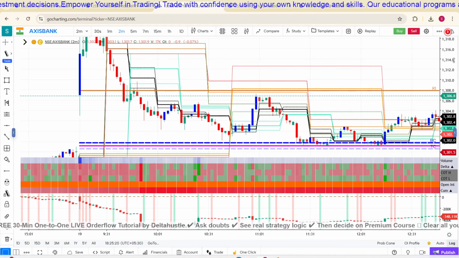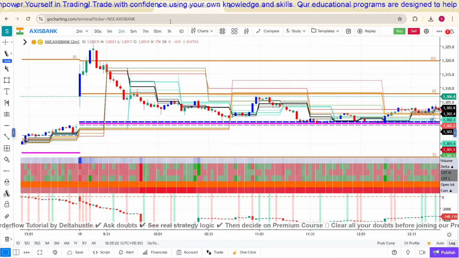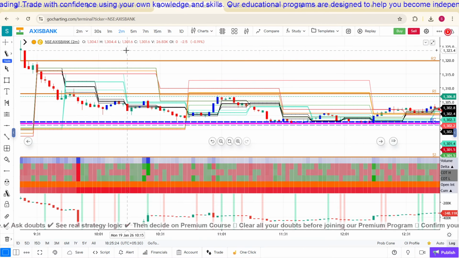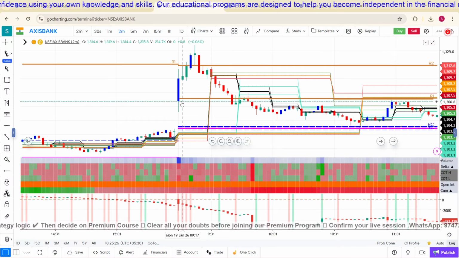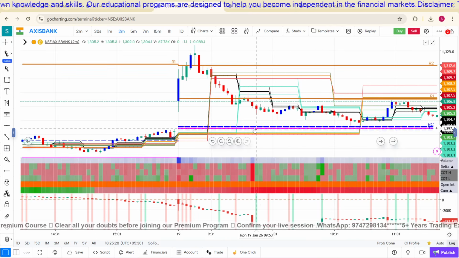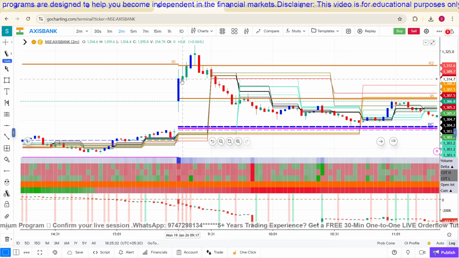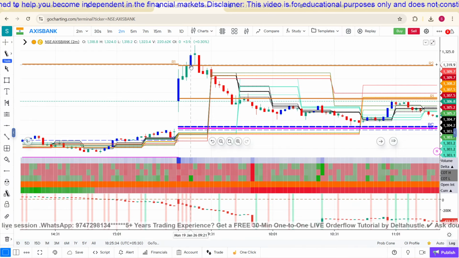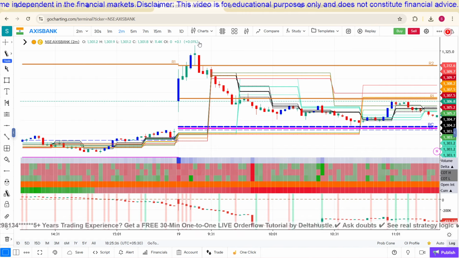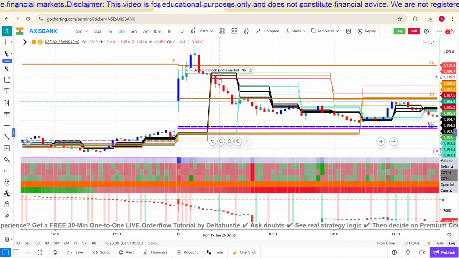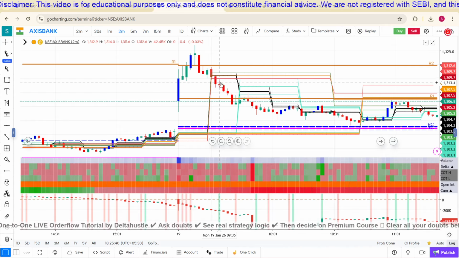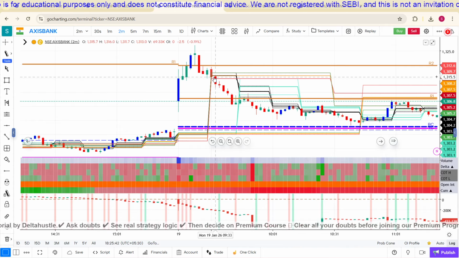This is the thing. Axis Bank opened here and went up above the CPR, narrow CPR. Okay, it opened here and went up, breakout. Then this candle made a huge difference.